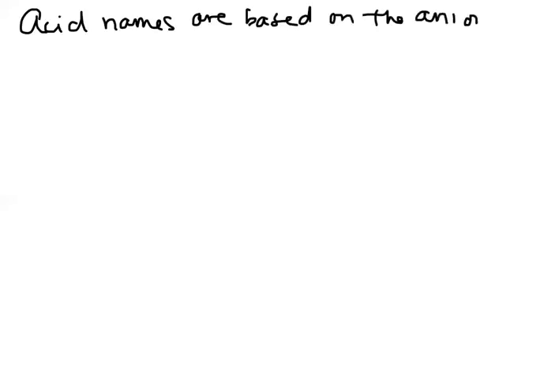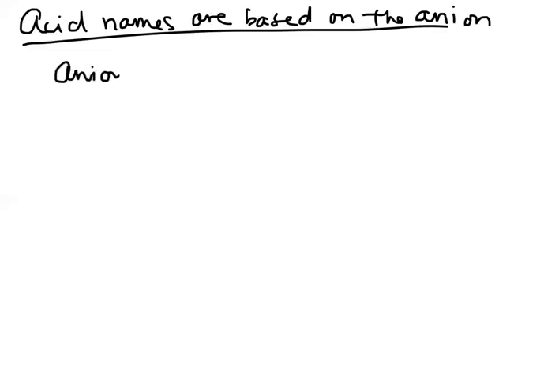Acid names are based on the anion. This is because acids all start with the same cation, and so the fact that you call it an acid indicates that it starts with an H, okay? But depending on your anion suffix, it will change how you name your acid.